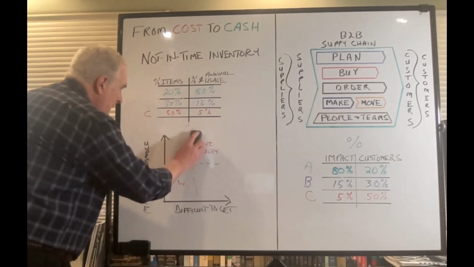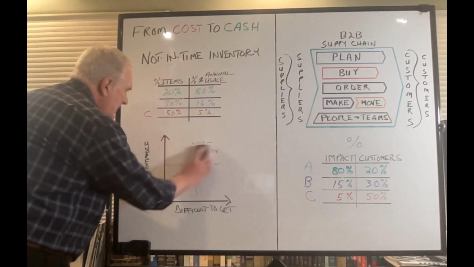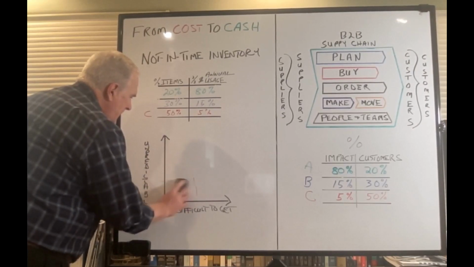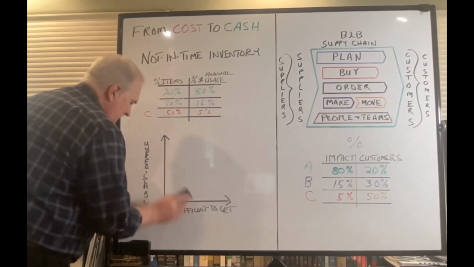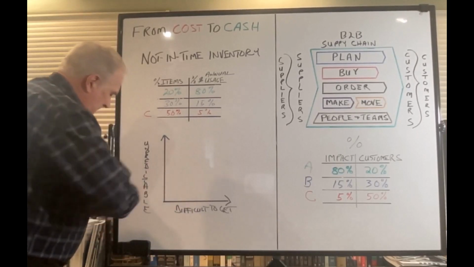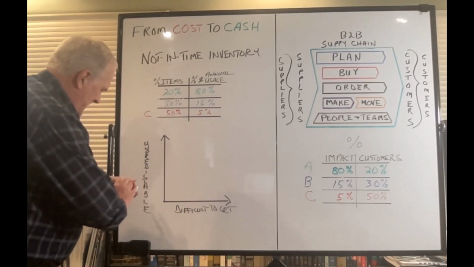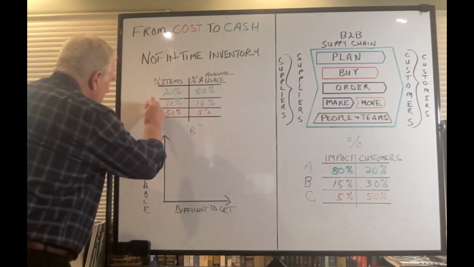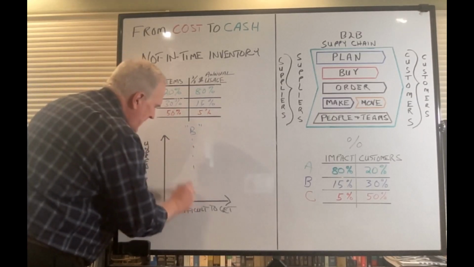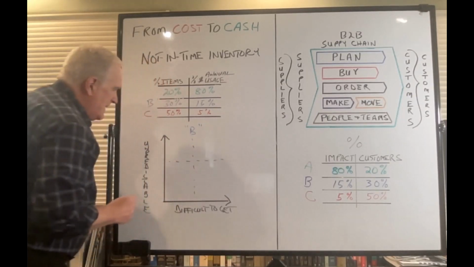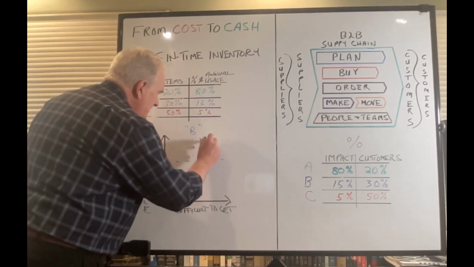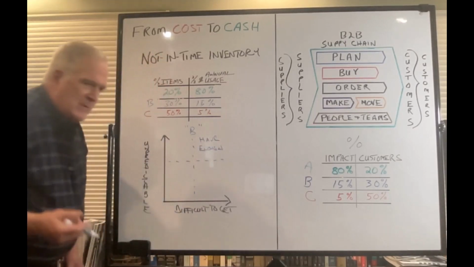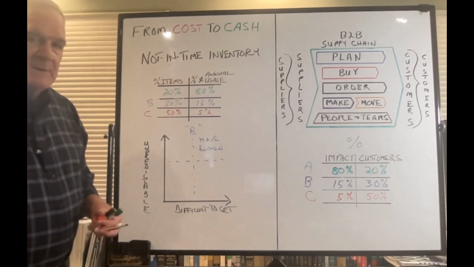So that's for C items. For that next category, the B items, we're going to ask how predictable and how difficult to get, and take a similar approach without having to do too much analysis for these B items. Again, we're going to look to see how unpredictable and difficult to get. And here we want to have enough, not necessarily plenty, but enough. So we may have 3 months supply, a quarter, up to 6 months or so.